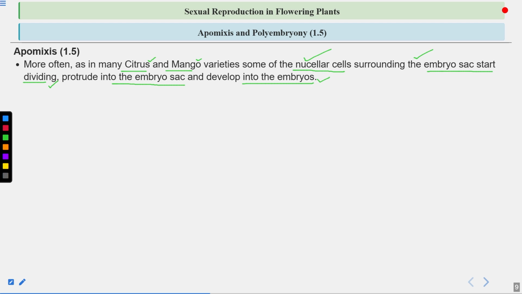Diploid cells of the nucellus start dividing, protrude into the embryo sac and develop into the embryo. So the ovule is single, but the embryos are multiple. Actually, these nucellar cells will start their own embryo.